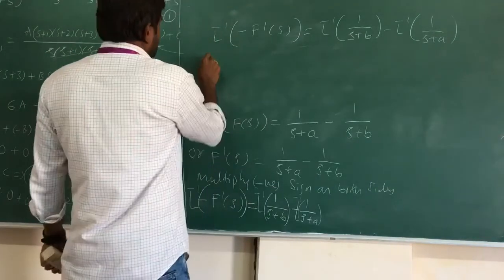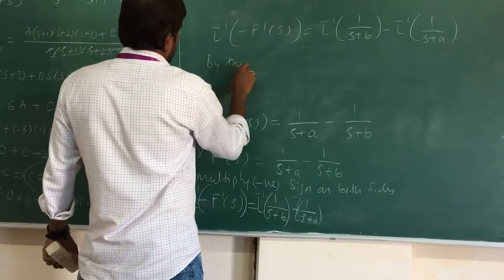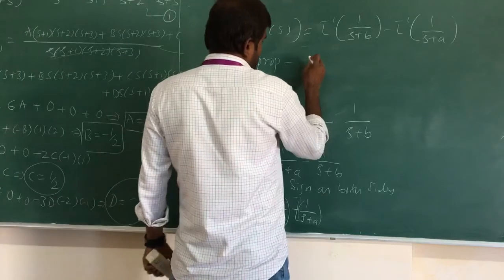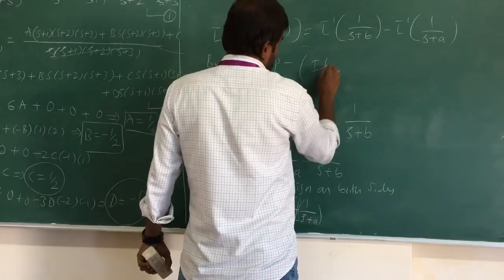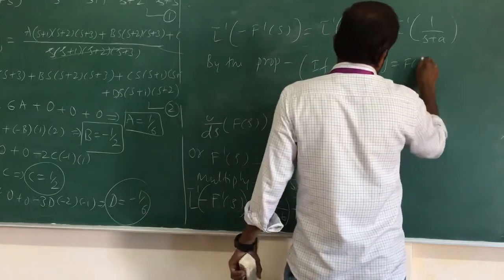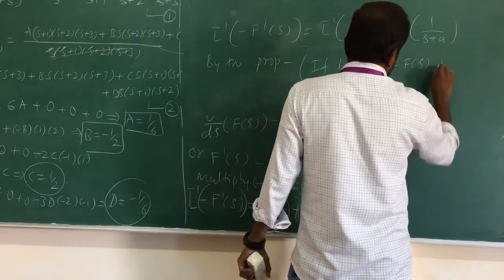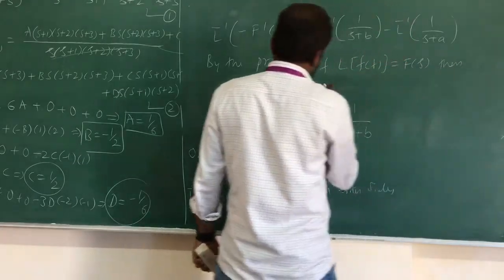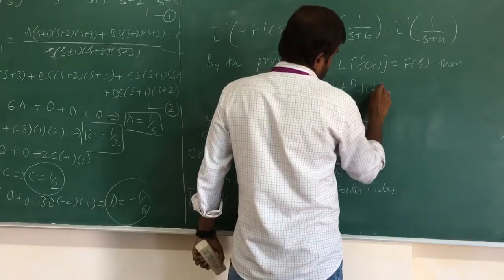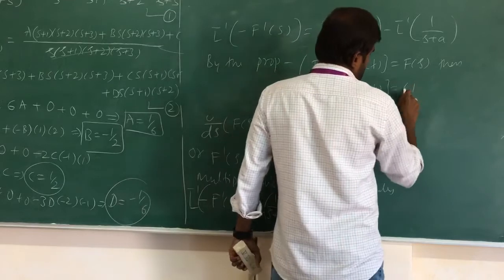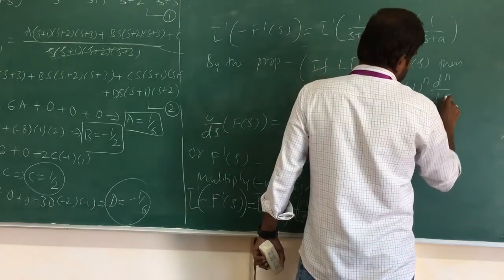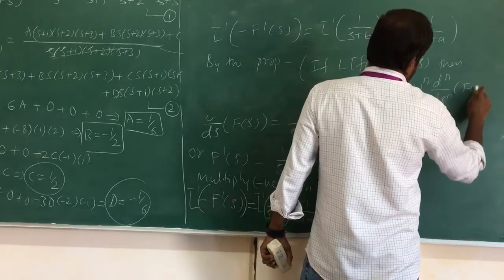Now here, we know by the property. Which property? Shall I write here? If L of f of t is f of s, then L of t raised to n into f of t equals minus 1 raised to n, d n by ds n of f of s.